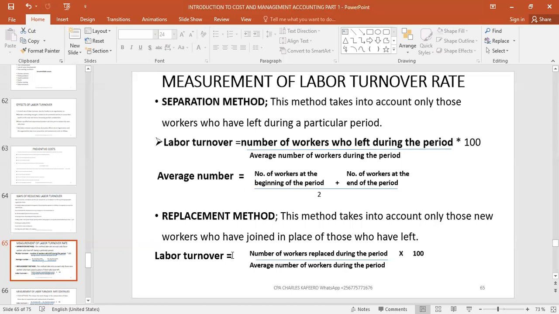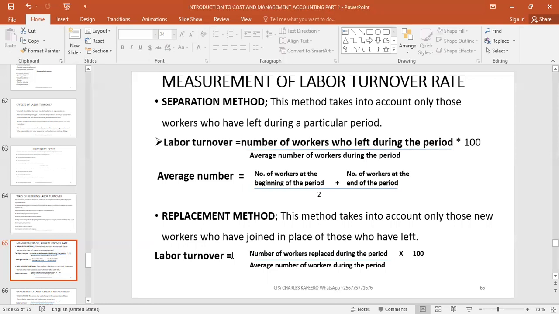So how are we going to calculate the labor turnover? Labor turnover will equal the number of workers who left the organization over the average number of employees, not the total.